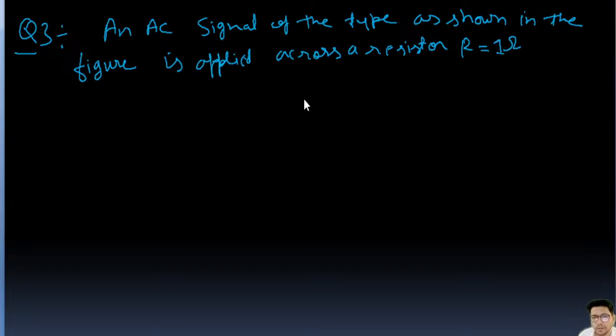Okay, so an AC signal of the type as shown in the figure is applied across a resistor.